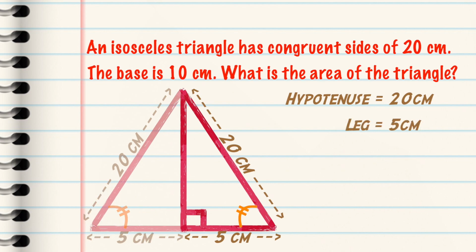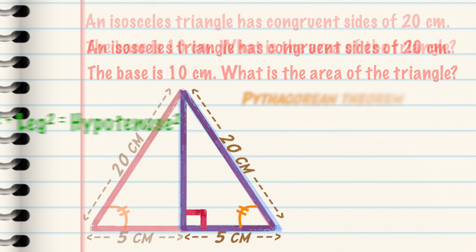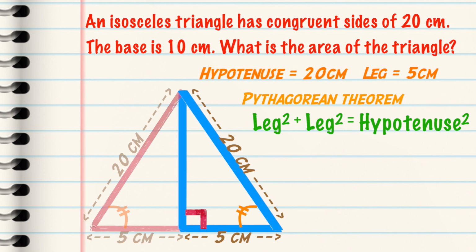So now we know that one leg of the right-angled triangle is 5 centimeters long, and the hypotenuse is 20 centimeters long. Great! We can use the Pythagorean theorem to find the length of the other leg of this right-angled triangle. We know that the length of the hypotenuse is 20 centimeters.